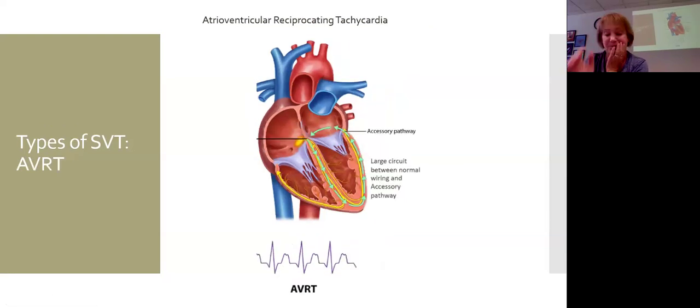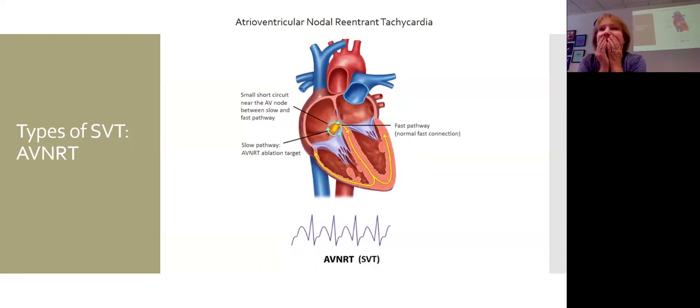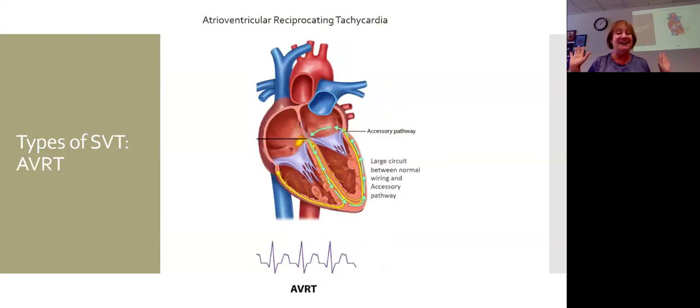So far, it's only been showing it in the right atrium. I assume the same thing happens on the left. Well, that's where the AV node is. But look, it's happening somewhere else too. And this is another type of SVT.